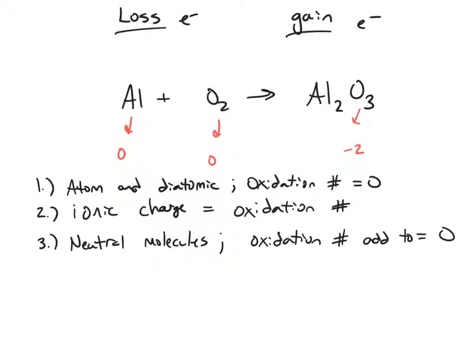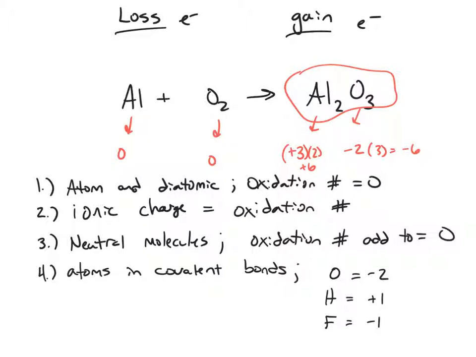So if that's the case, when I know that oxygen is -2 and there are 3 of them, then that equals -6. So if I have 2 aluminums, then each aluminum must be a +3, because I'm going to then multiply it by 2 to equal +6. And the +6 and the -6 have to cancel each other out, because this molecule overall is neutrally charged.